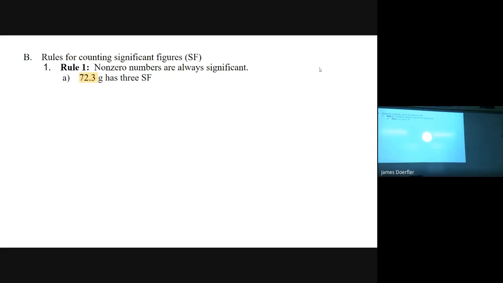So looking at this number here, 72.3. Is that blank on your page? Because it's a different color. I noticed on my, is that blank? Okay, good. 72.3. How many non-zero numbers are present in that number? There's 3, right? So in the number 72.3, you have 3 significant figures.